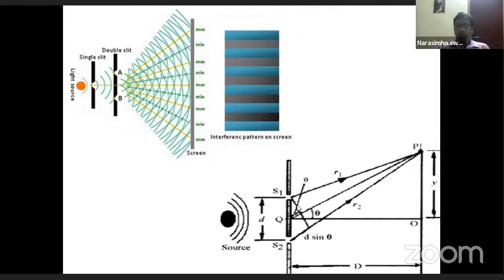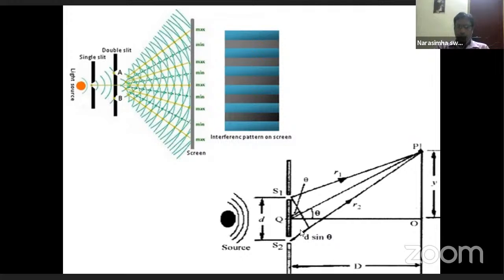Now look at this. From S2, one line is drawn to this point, that is R2. The distance from S2 to this point is called the path difference. This is the extra travel distance.